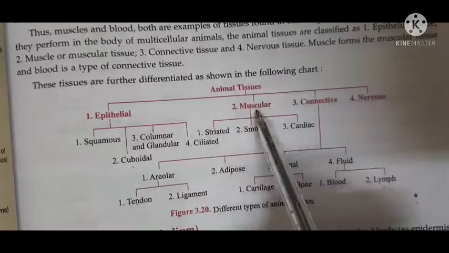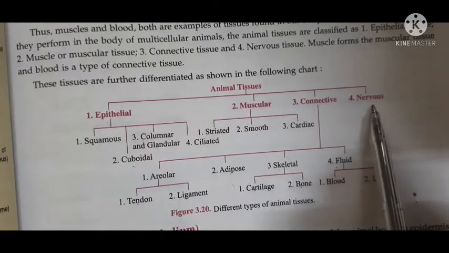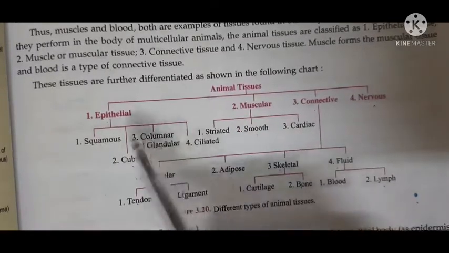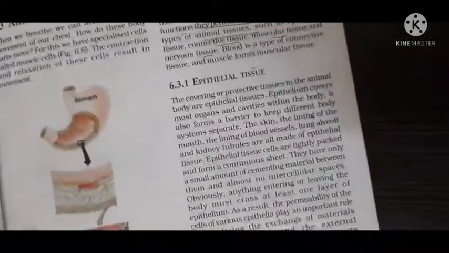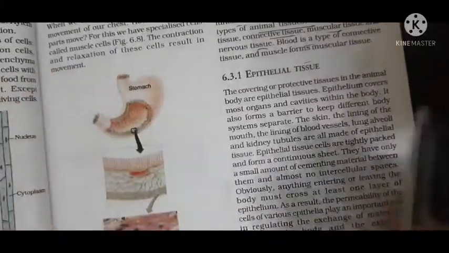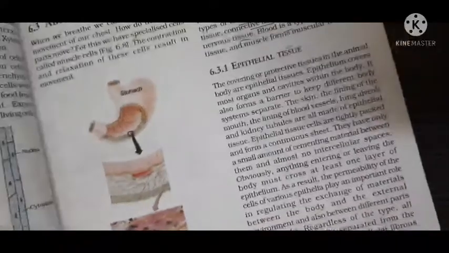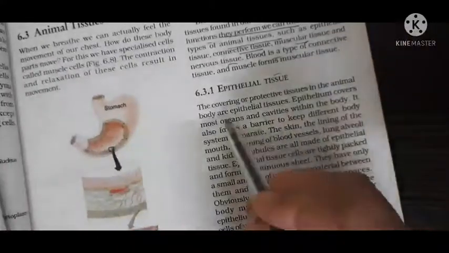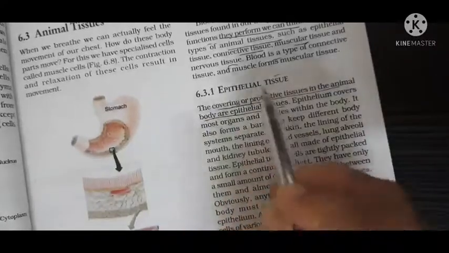Understood? So epithelial, muscular, connective, and nervous tissue are the main types of animal tissues, and then they have subparts. So we will start with epithelial tissue. Now students, just see here, all of you. Epithelial tissue. What is epithelial tissue? Please underline: the covering or protective tissue in the animal body is epithelial tissue.